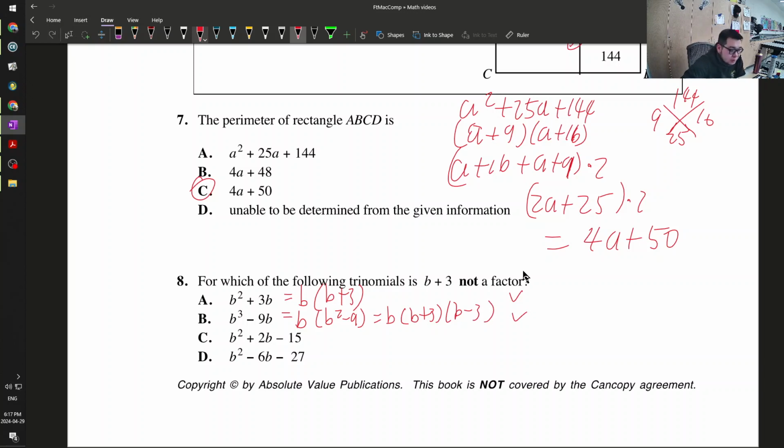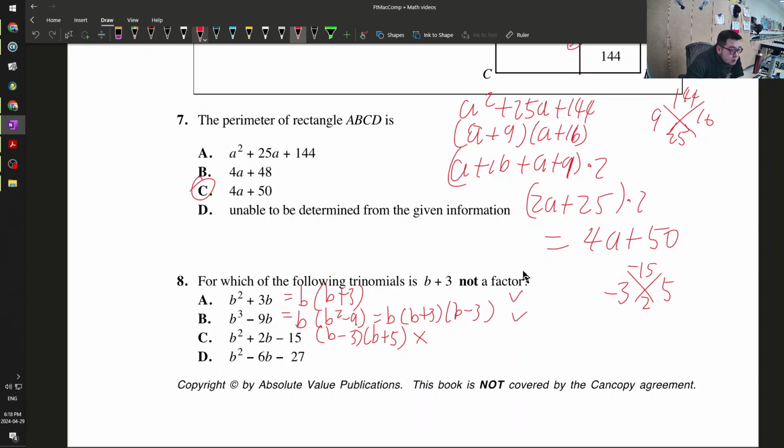This one, negative 15 and 2: what times what is negative 15 and adds to 2? 3 and 5, and negative 3. So this is b minus 3 times b plus 5. Okay, so there is no b plus 3, so C is very likely the answer.